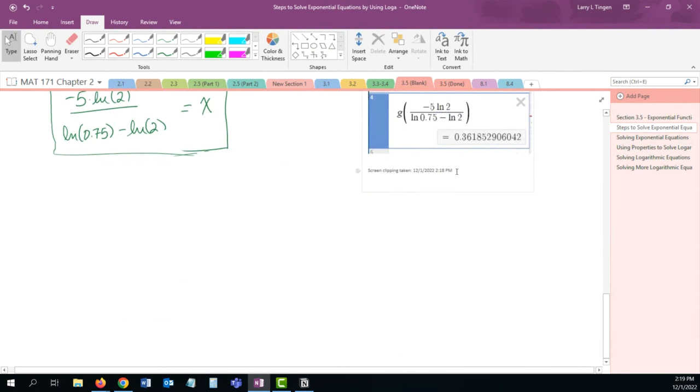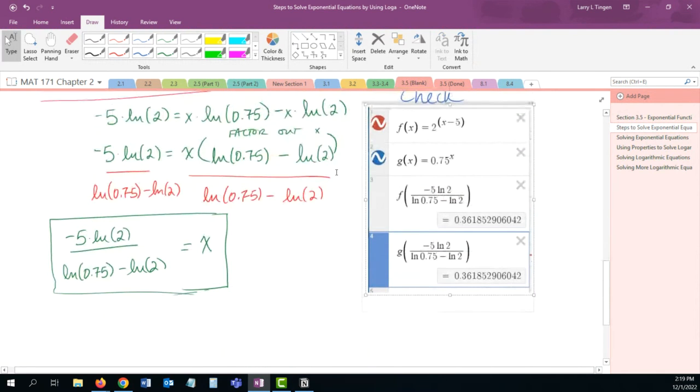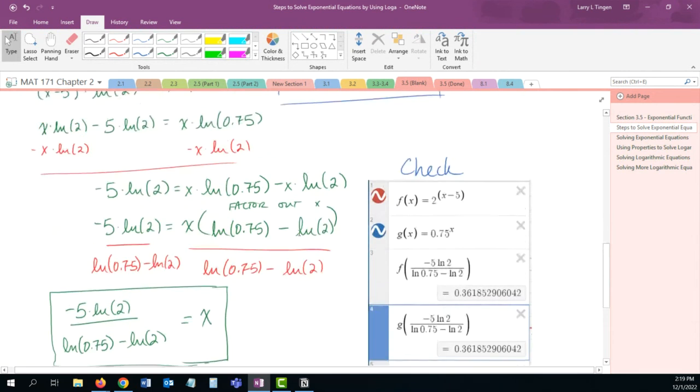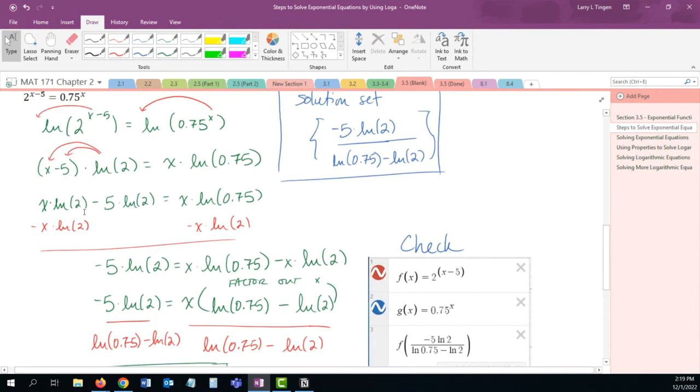Now, if you got confused or bothered because the natural log kept popping up and I was distributing the natural log of 2 like it was a number, check out the lecture video on 3.5, part 1, pages 1 through 3, and you'll see another way to do this.